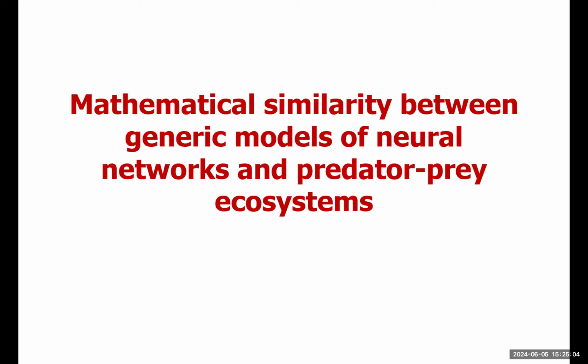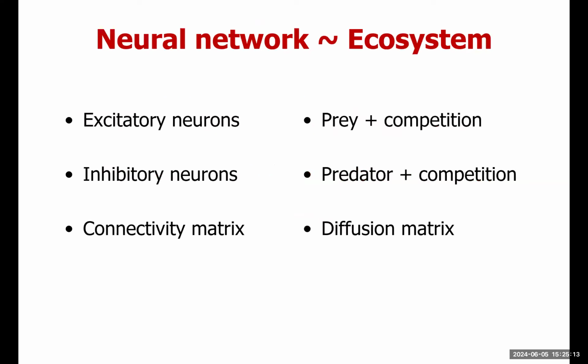There's a mathematical similarity between these models of neural networks and predator-prey ecosystems. I'll tell you what that similarity is. Think about excitatory neurons. There are two types of neurons: ones that cause excitation, and ones that inhibit neural activity. The excitatory neurons are like the prey.